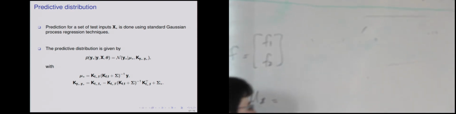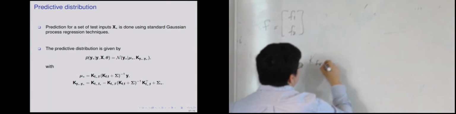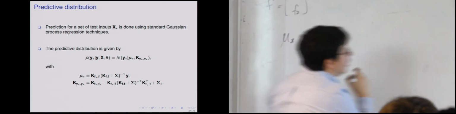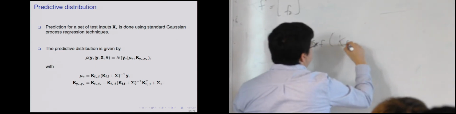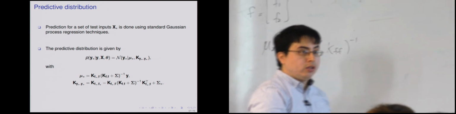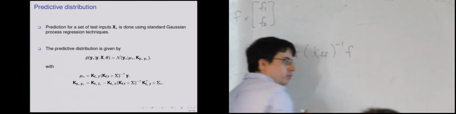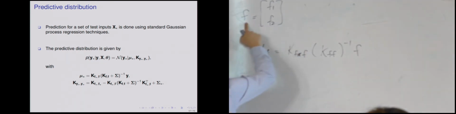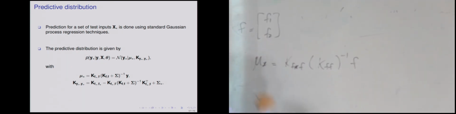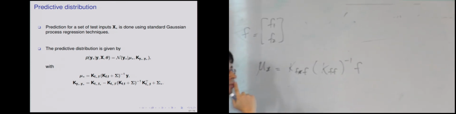Then mu star is going to be K_f*f, and then inside the inverse it's just going to be K_ff inverse, because the observations are noise-free, conditioning on the vector f. But f is f1 and f2, right? Good so far? Okay.